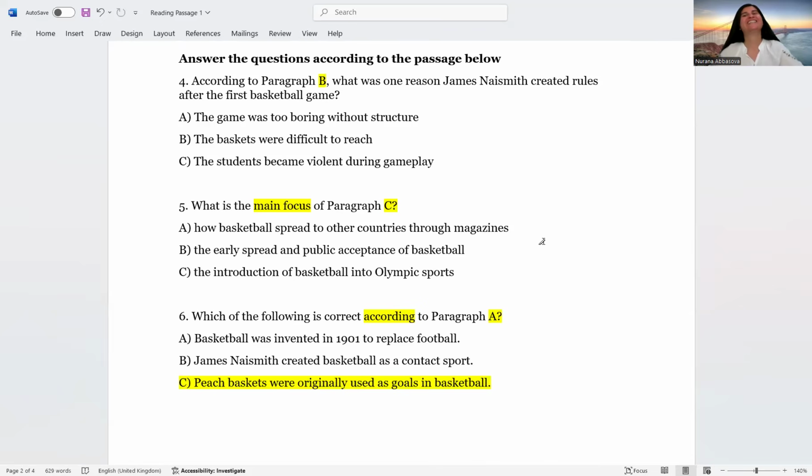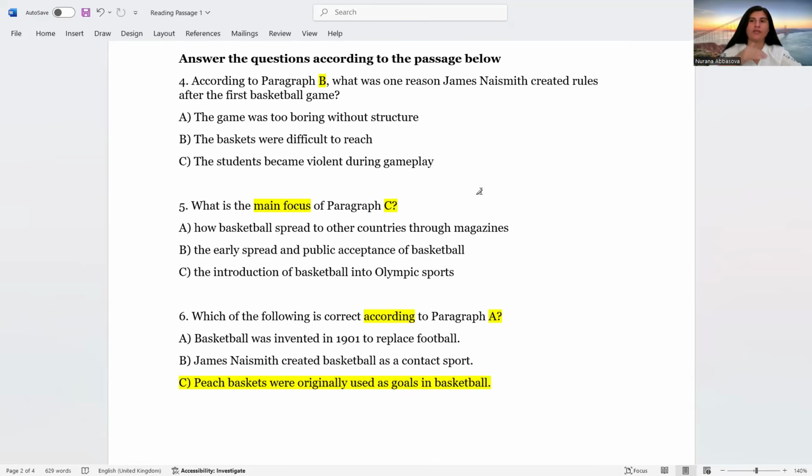Yes, this is C, of course. Very good. Now, please, just a second, I didn't read it. Let me read. Sorry. How basketball spread to other countries through magazines, the early spread and public acceptance of basketball. We're talking about 5, guys.